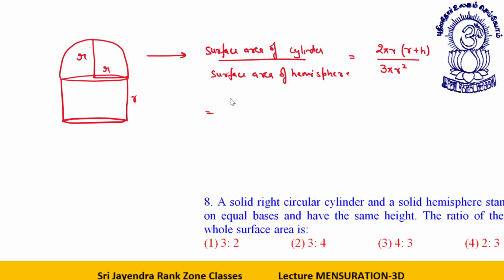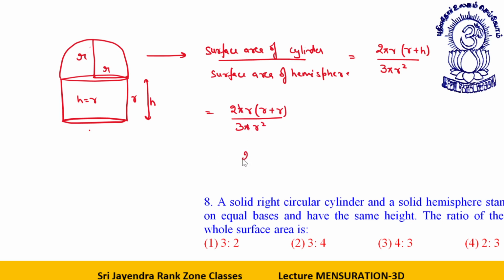What do I get from here? I know h is actually the height of the cylinder, but this height is equal to the radius. So I put h is equal to r. I get 2 pi r into r plus r divided by 3 pi r square. Pi and pi cancel.